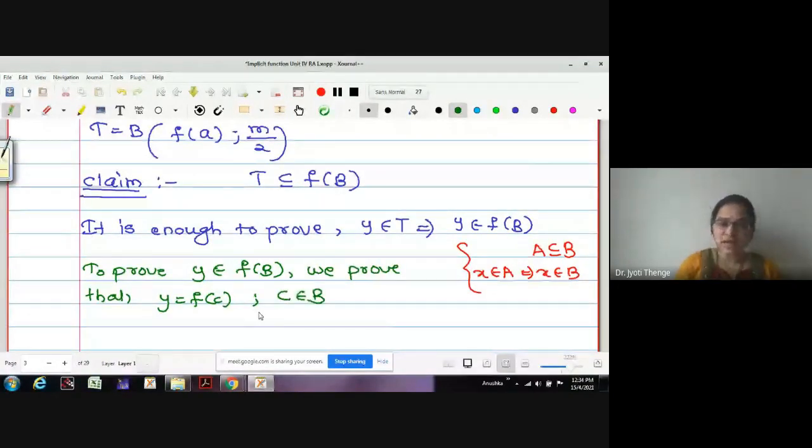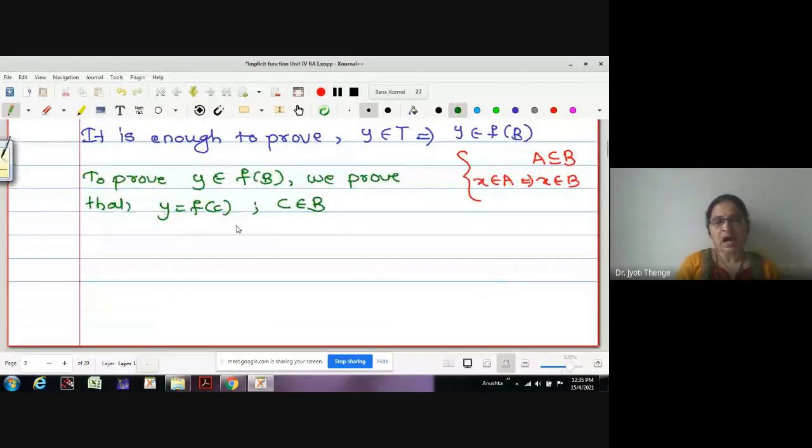Okay, but both are vectors in an n-dimensional space. How were we proving these two vectors are the same? Coordinate-wise equality we have to prove now. That is y_i is equal to f_i(c) for i equals 1 to n.